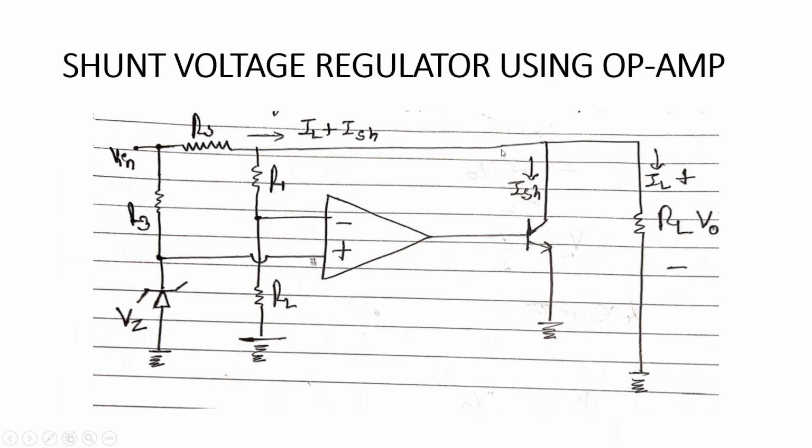This is the shunt voltage regulator using op-amp. The potential divider formed by R1 and R2 provides a feedback signal to the inverting terminal of the op-amp. The feedback signal is R2 upon R1 plus R2 into V0.